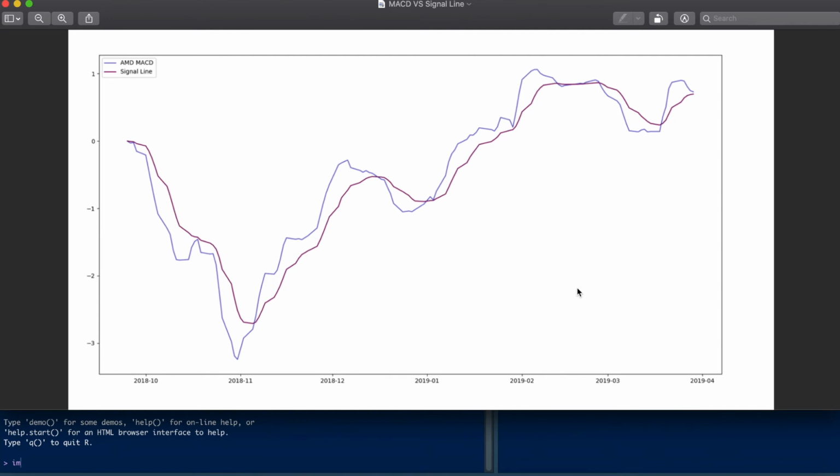Once again, to understand what bearish is, the bullish crossover is the first one we're going to do, and that is when the moving average crossover is above the line. So let's first do bullish.